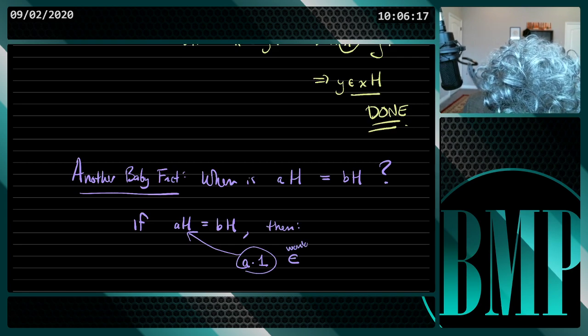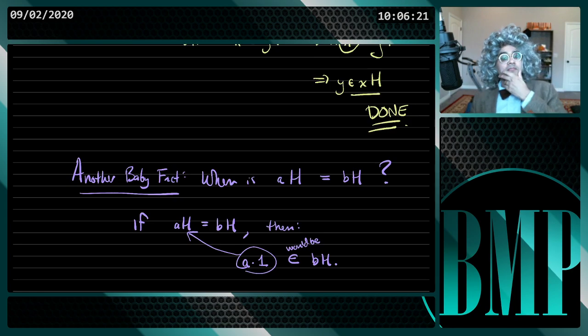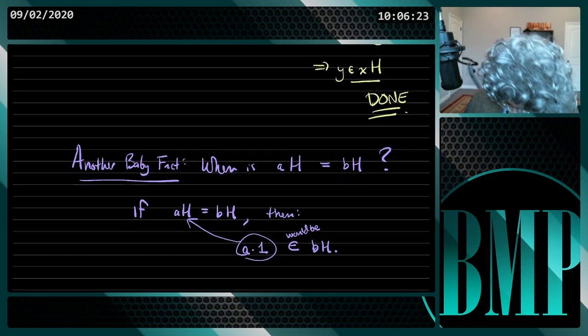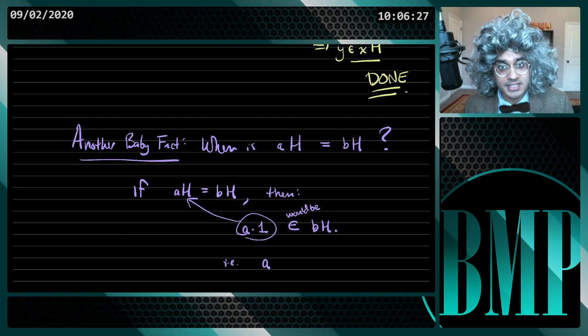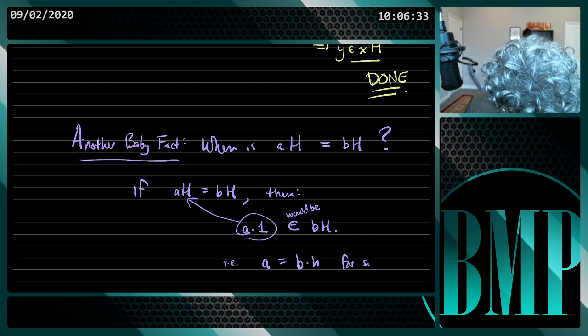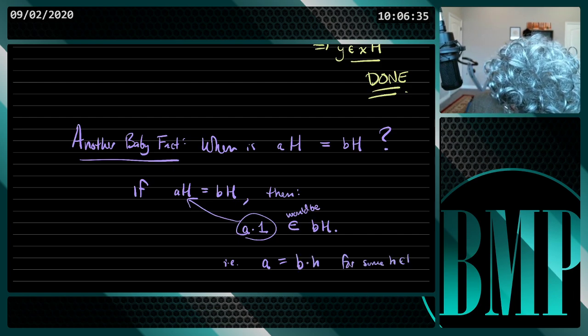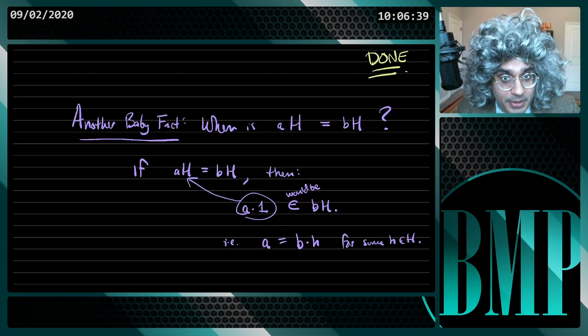Would be an element of B times H. Great. In other words, A is a multiple of B by H. So A is B times H for some H in the subgroup.